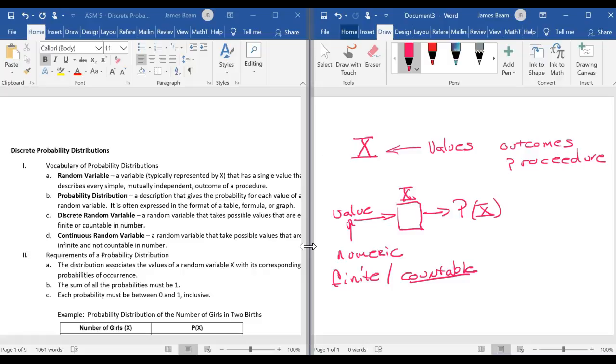The other possibility is that it's continuous, and there the random variable is still numeric. So this is discrete. The random variable is still numeric, but now it is infinite and non-countable.